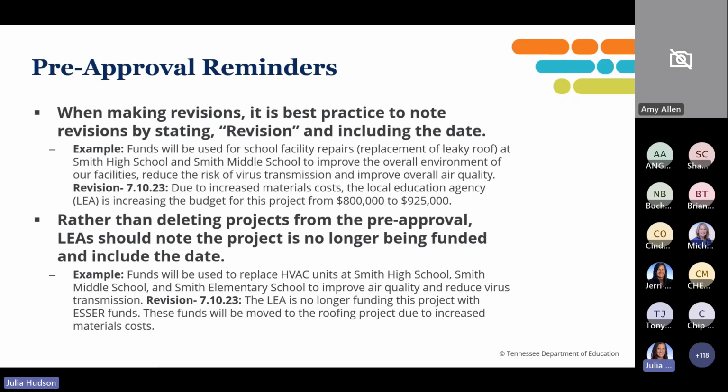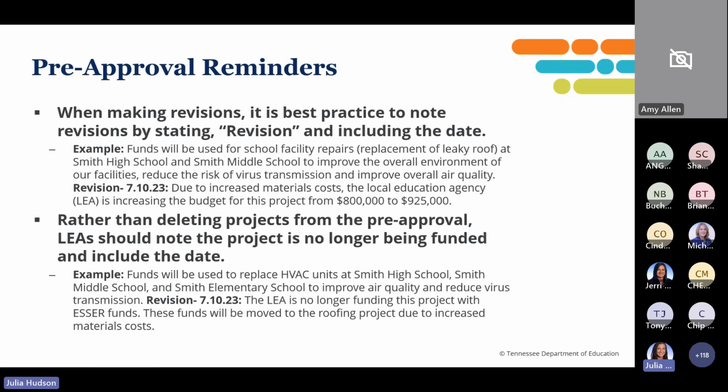If you do have projects that the LEA has decided they're not going to fund with ESSER, then they need to take those out. We ask that you do not delete those from the pre-approval. You can just note that it is no longer being funded through ESSER and include the date like we mentioned.